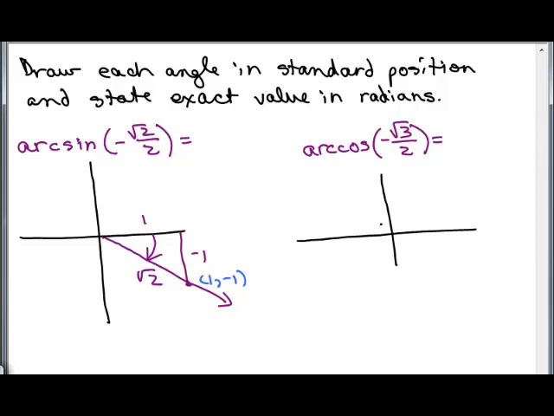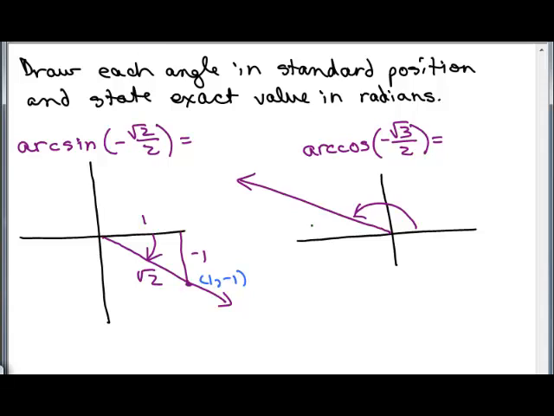So that looks like it's going to be about right here. Hopefully you recognize that as a 30, 60, 90 triangle if you were going to drop that triangle. But this is the angle. So look carefully how I'm drawing the angles.